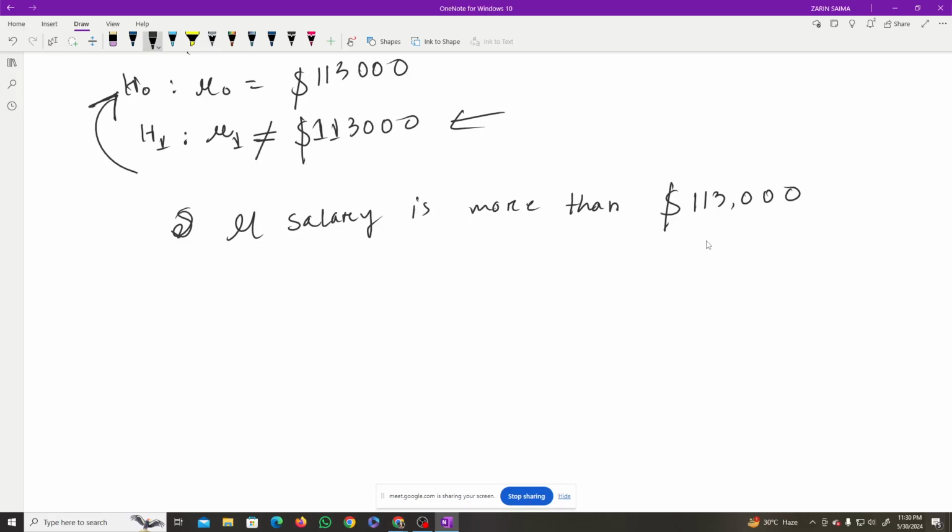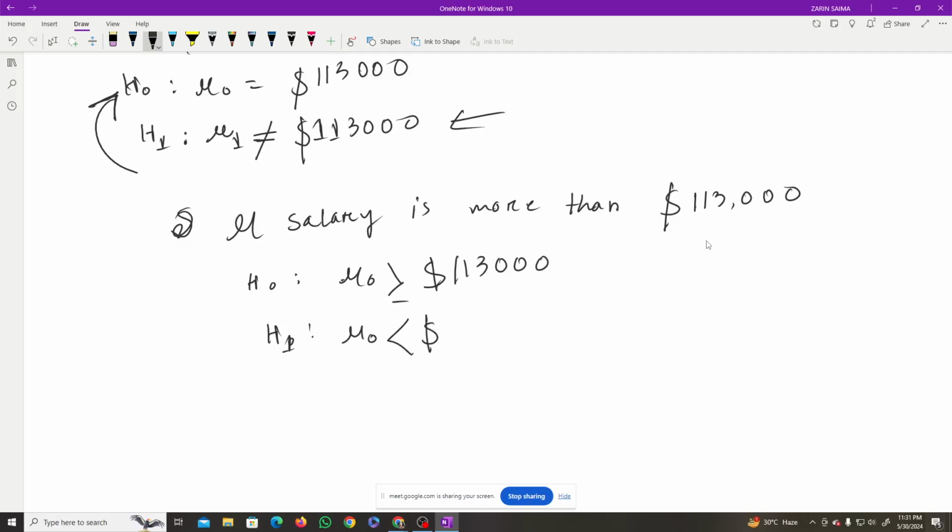So in this case, the null hypothesis is the mean salary would be greater. Exactly this statement, the mean salary is more than $113,000, and the alternative hypothesis would be it is less than this value.